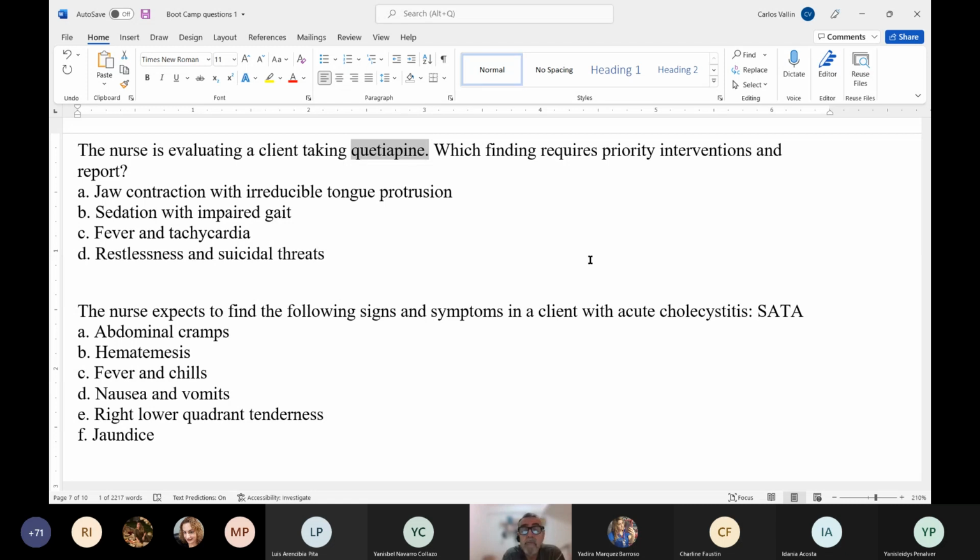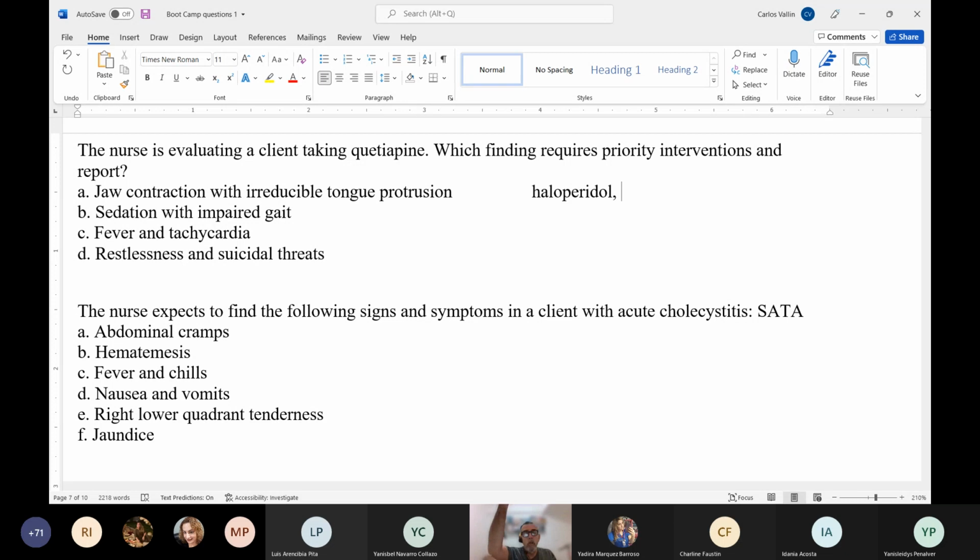But you are supposed to know what quetiapine is. Quetiapine is one of the most commonly used atypical antipsychotic medications. So you are supposed to memorize, make a flashcard of the most important groups of medication with their representatives, because that's how NCLEX is going to test it. For example, for the antipsychotics, you need to know haloperidol.